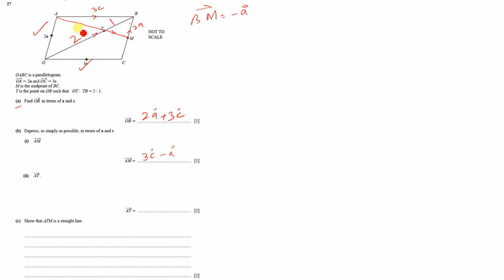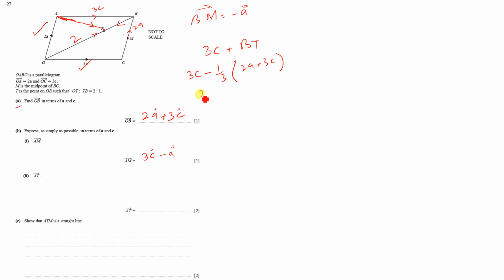AT is this 3c plus BT, and BT is negative 1/3 of OB. So this is going to be 3c minus 1/3 of OB. So OB is 2a plus 3c. Let's simplify this.